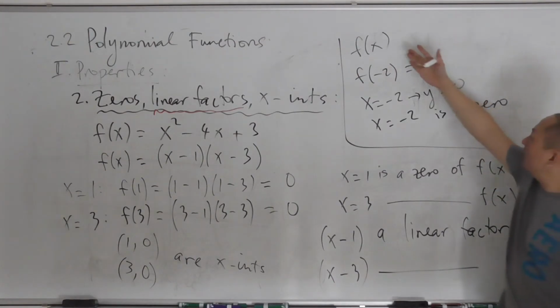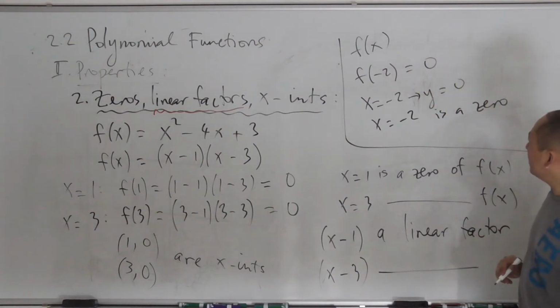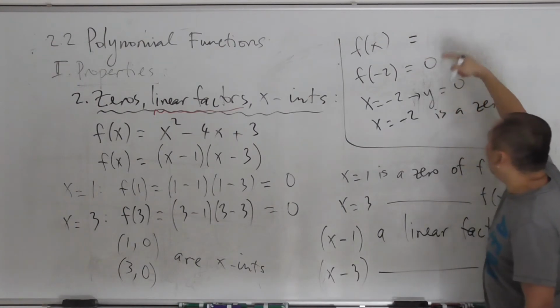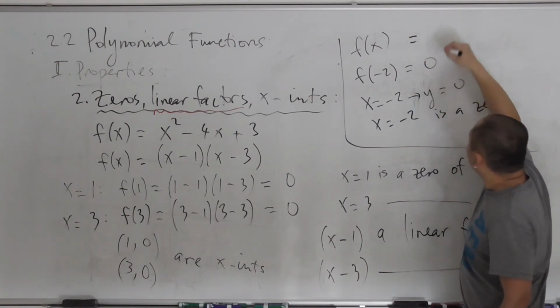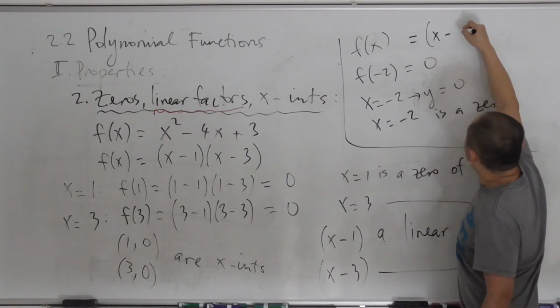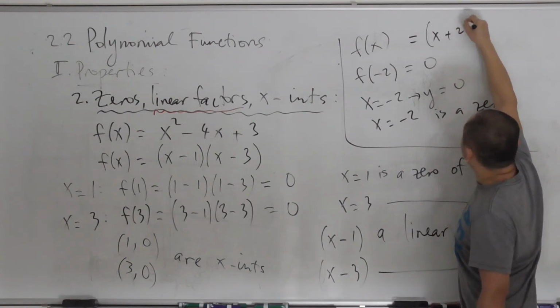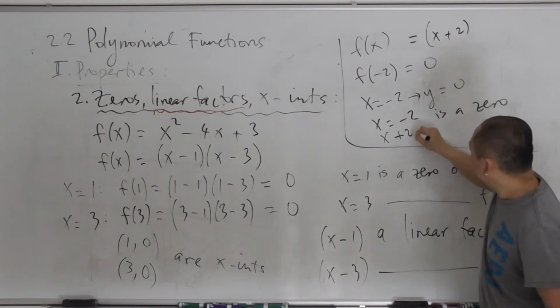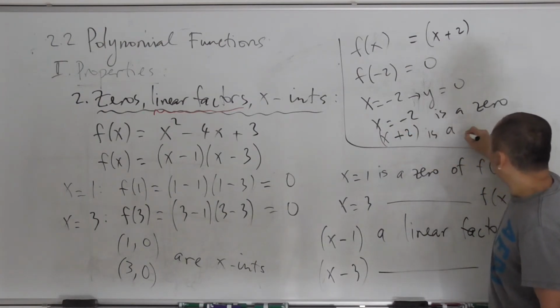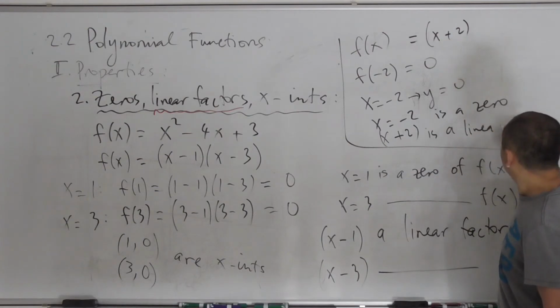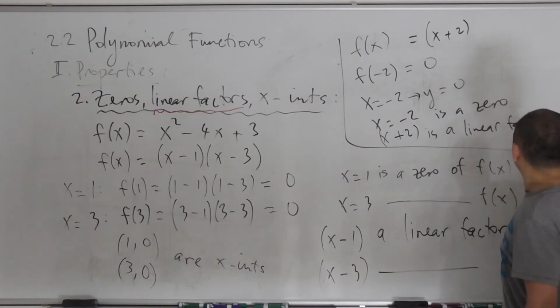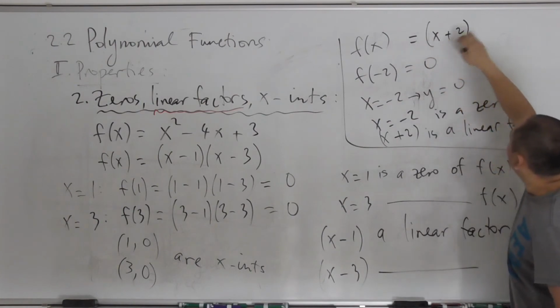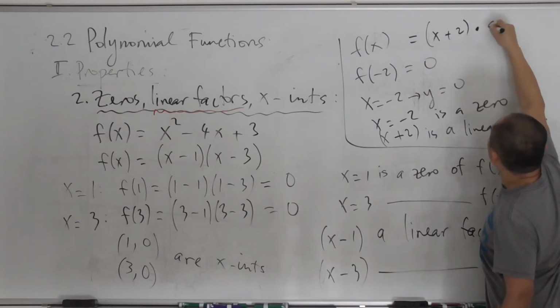Okay? And even though you don't know everything about this function, you know for sure that it's going to have a factor of x minus negative 2, which is x plus 2. So x plus 2 is a linear factor. Means f of x is going to be equal to x plus 2 times something.